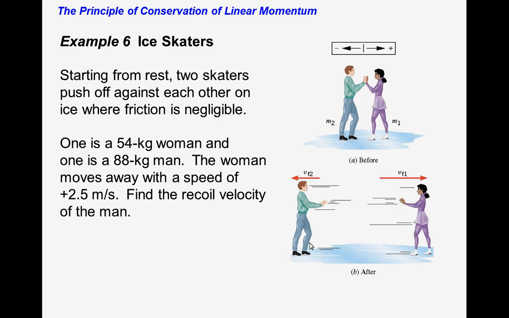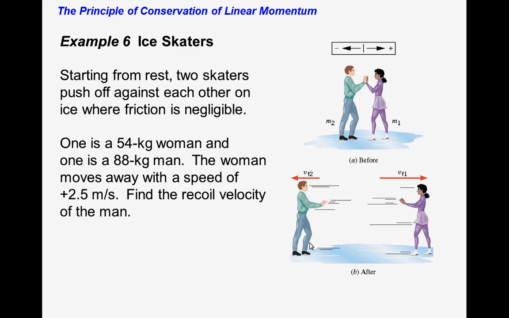The woman, 54 kilograms times a velocity of positive 2.5 meters per second, gives us a momentum, 54 times 2.5. She's carrying momentum of positive 135 kilograms times meters per second. He has to have that same momentum, equal and opposite.